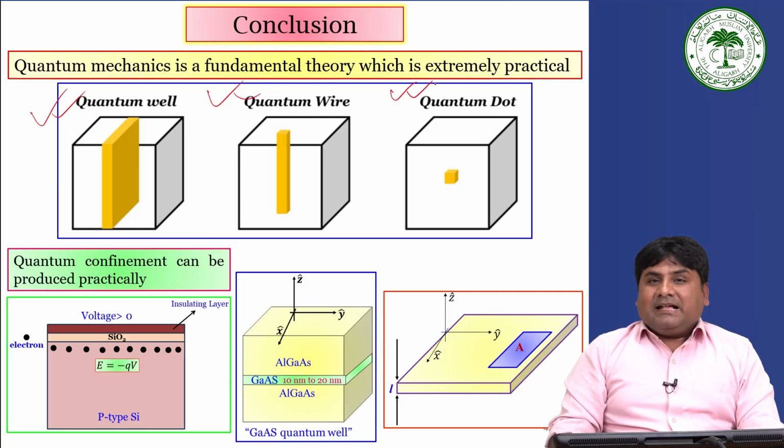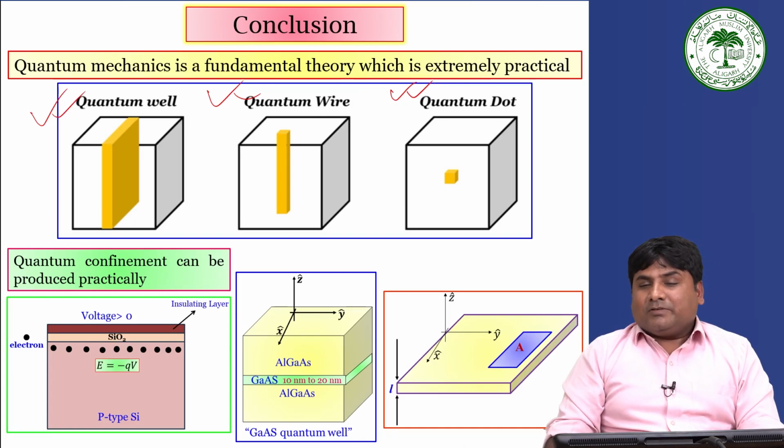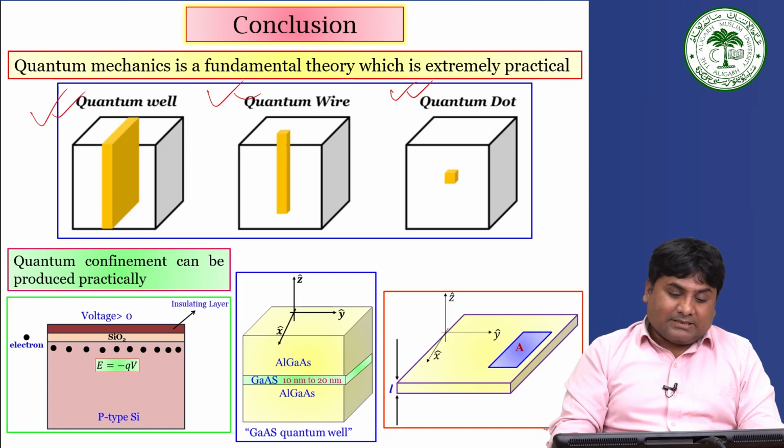They explain the exciting optical and electronic properties of semiconducting materials. This is one of the important features of quantum mechanics compared with classical mechanics. And you can practically produce quantum confinement in different types of materials. I have already mentioned three examples.